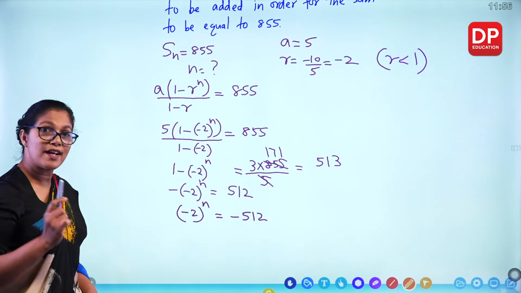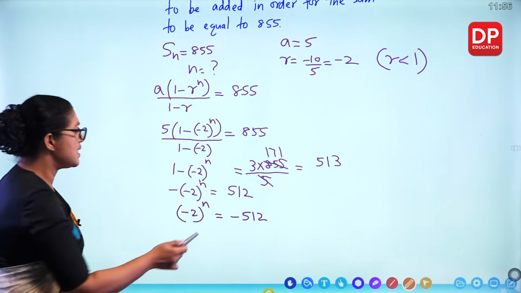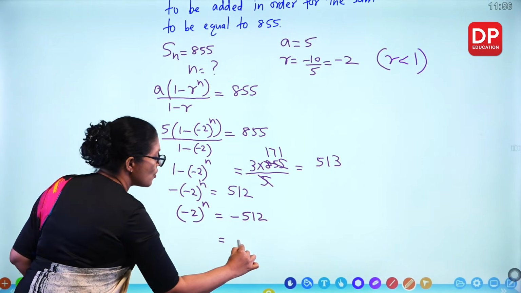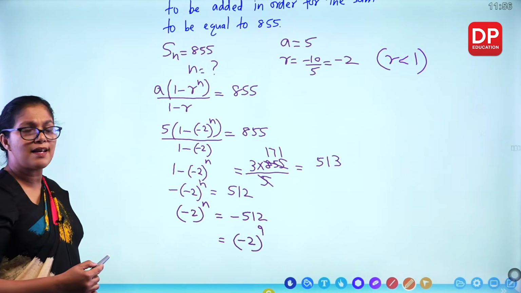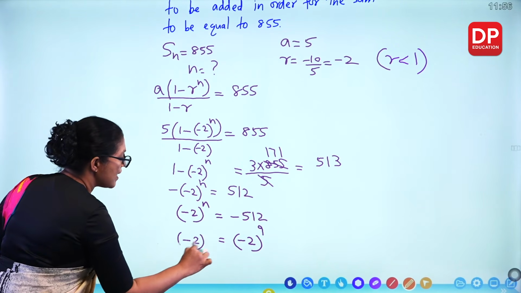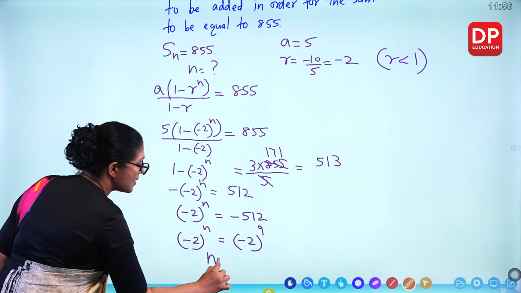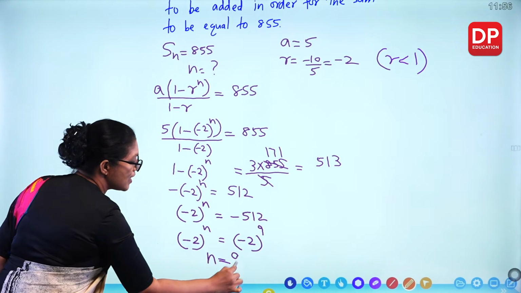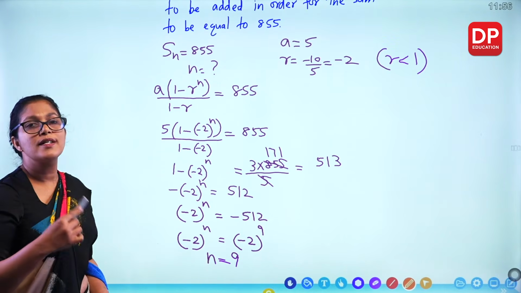So what is 512? We know 2 to the power 9 is 512. But here it's negative. So negative 2 to the power 9 is negative 512. So same base, different powers, you can equate the powers. So n is equal to 9. So that's how you do the reverse process.